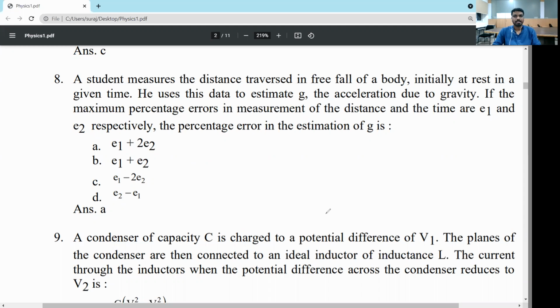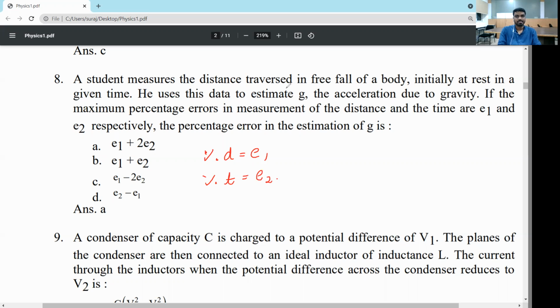He uses the data to estimate g, the acceleration due to gravity. If the maximum percentage errors in measurement of the distance and the time are E1 and E2, percentage error in distance is given as E1 and percentage error in time is given as E2. The percentage error in estimation of g is.